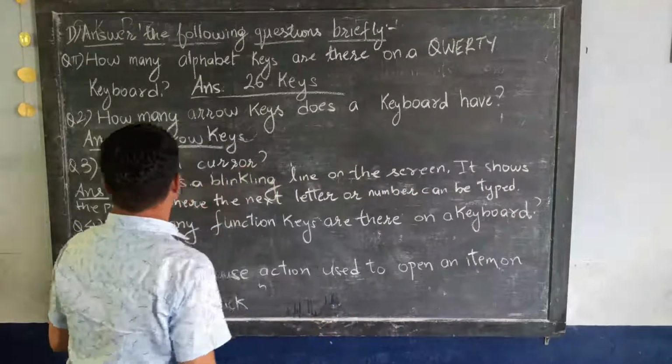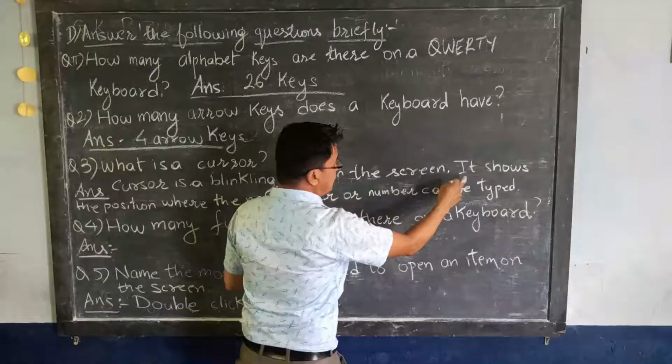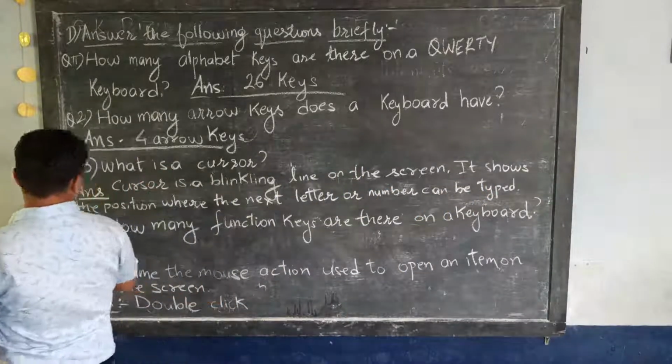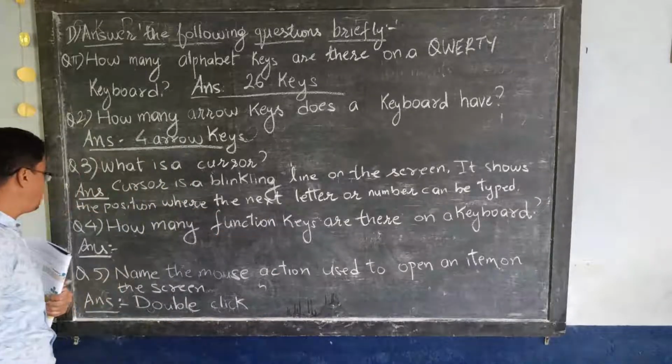What is a cursor? Cursor is a blinking line on the screen. It shows the position where the next letter or number can be typed.